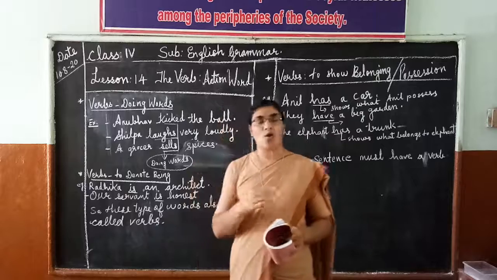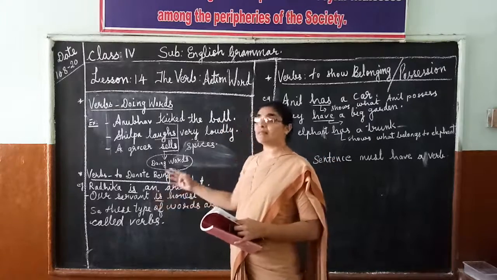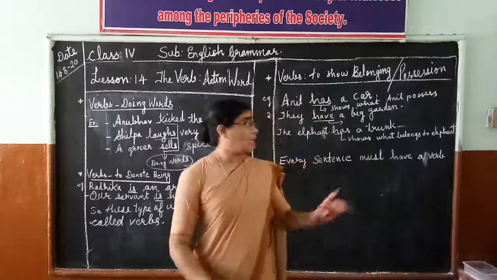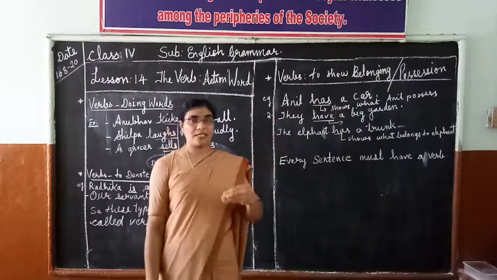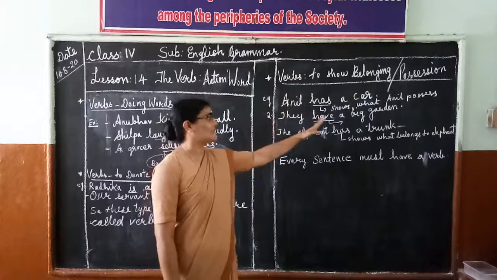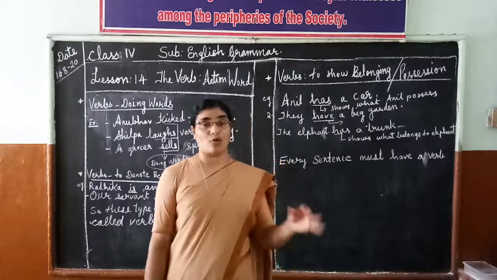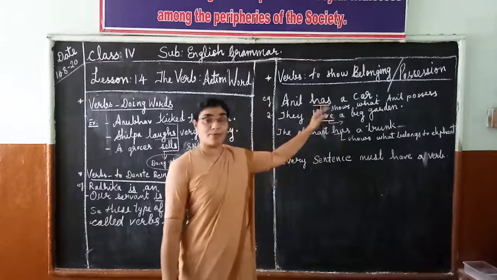All these tell us what a person is, or what somebody has. And finally we have the verb to show belonging or possession. If somebody has a car, it means the car belongs to that person. The word has shows the belongingness or the possession.